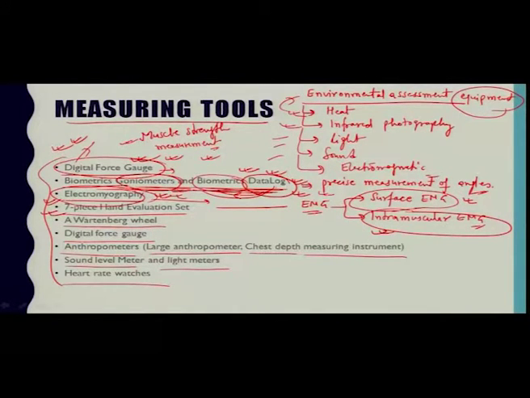Another tool is a 7-piece hand evaluation set. It is a set of equipment for hand strength evaluation.